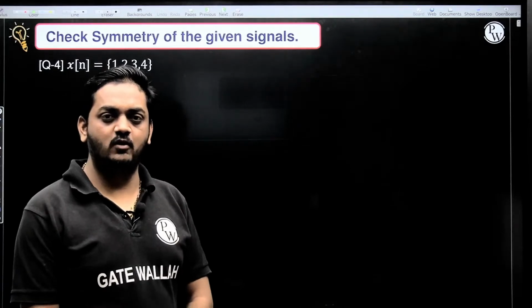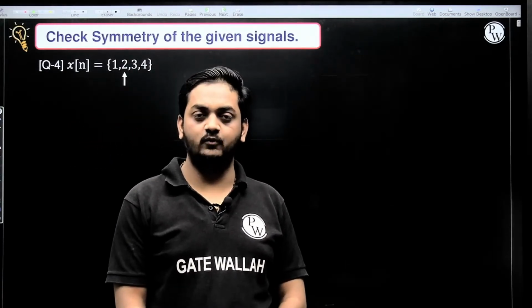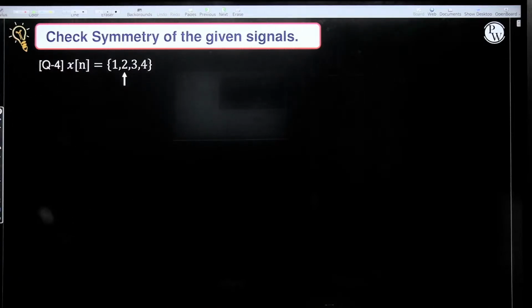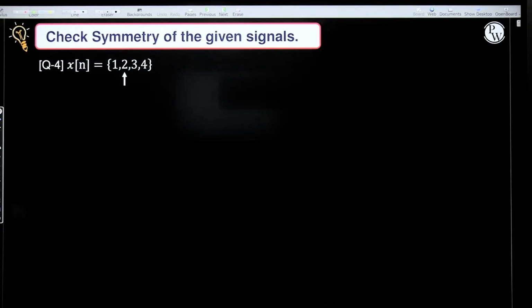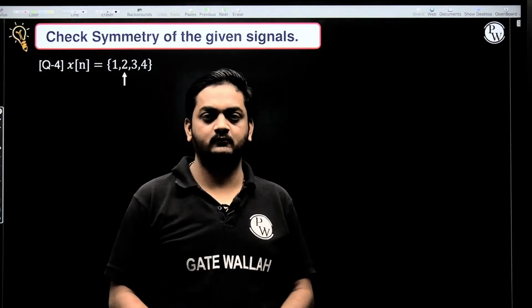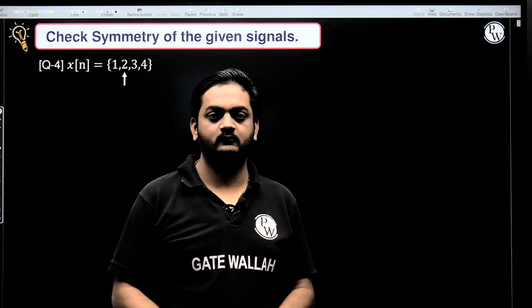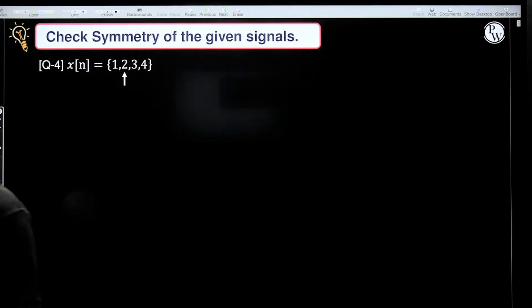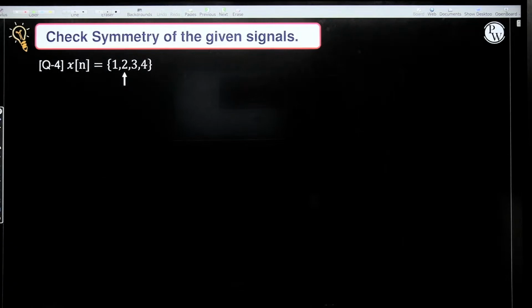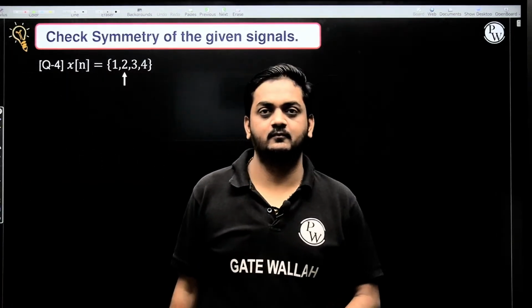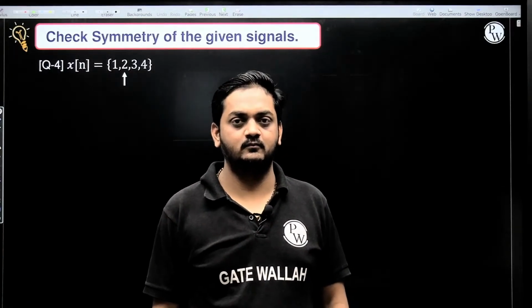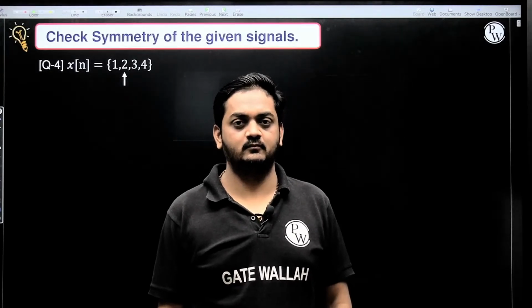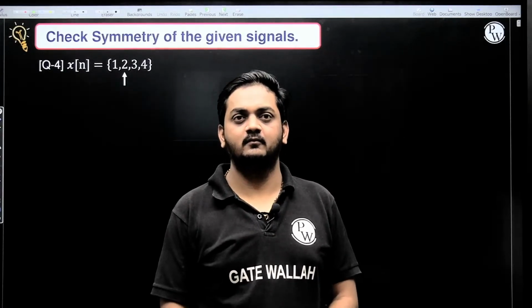Find the even part and odd part. If it is nano, odd, even, and nano.